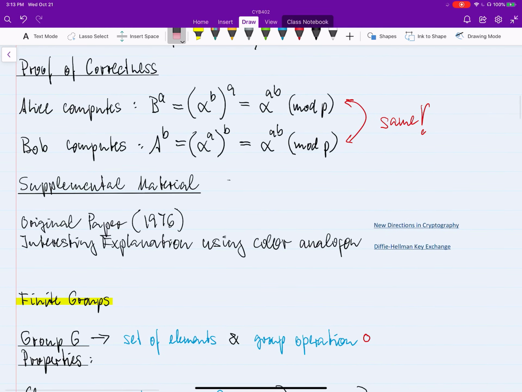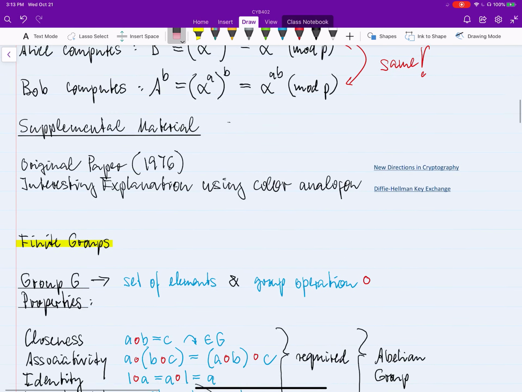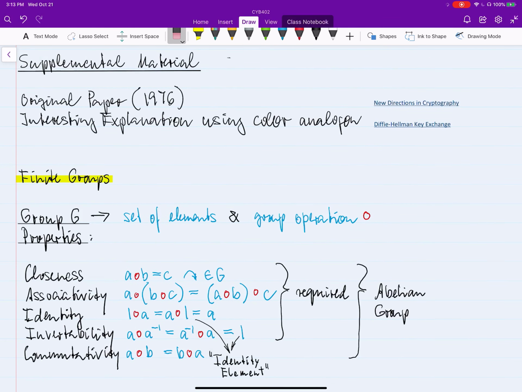And what is even cooler is that the underlying scheme behind Diffie-Hellman actually helps us to construct more and even more modern cryptographic systems, public key cryptographic systems. Okay, so here's some supplemental material that I encourage you to actually look into.